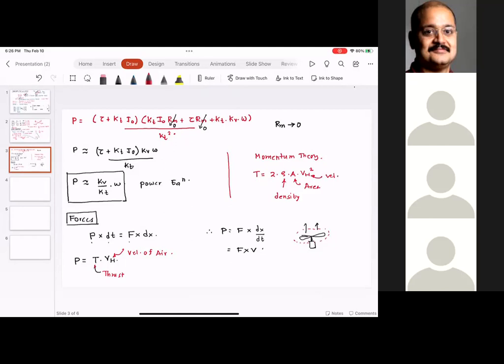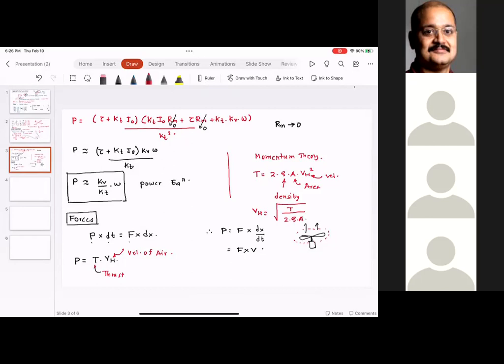This comes from the aerodynamics. If you look at the momentum equation for the air, the thrust is equal to 2 rho A V square, which means Vh is equal to square root of T divided by 2 times rho times A.